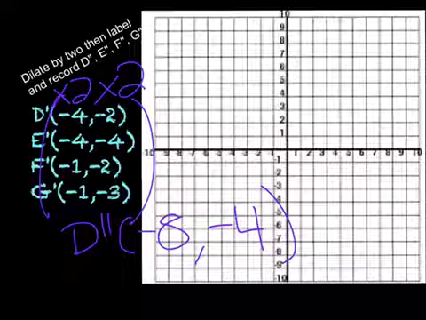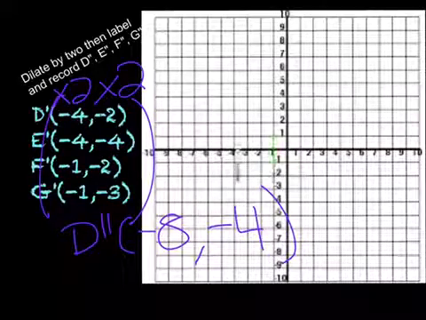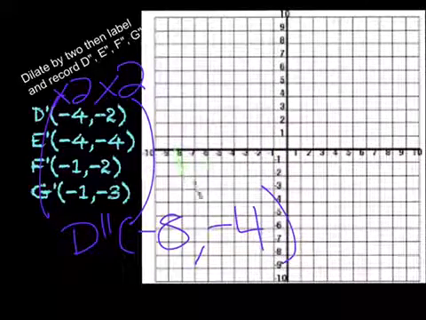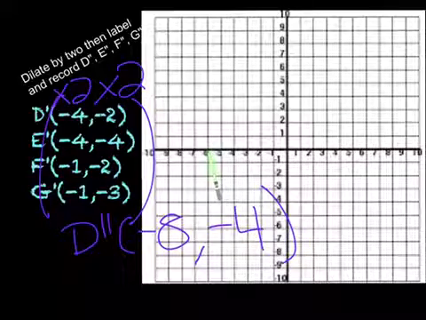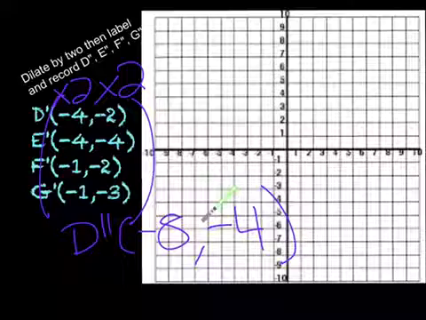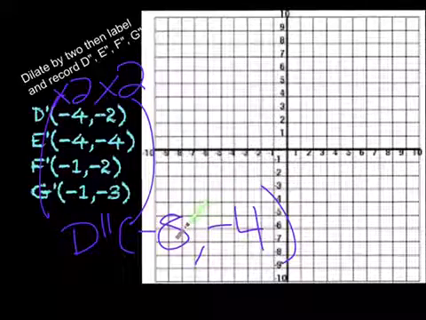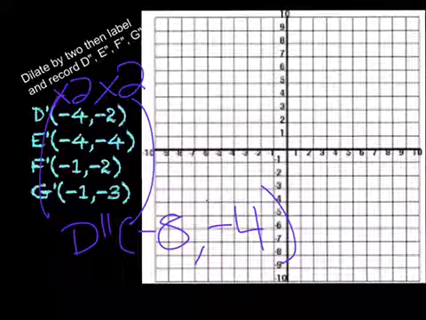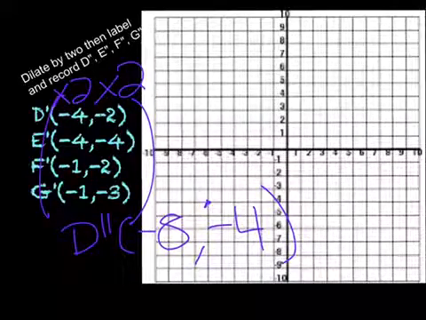Since it's negative, we'll go to the left instead. So you want to find -8 right here, and then you go down -4, and you'd end up right where that is. So let's label that. Here's the -4, right there. And then you go on and label your points.